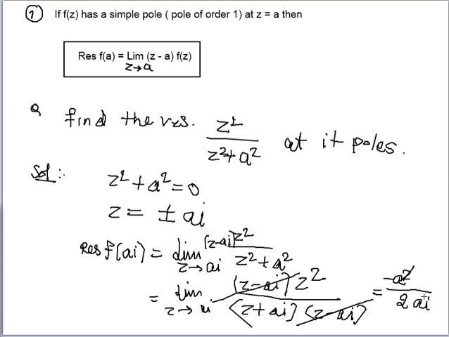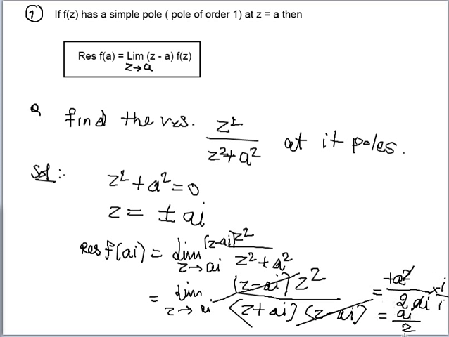We multiply iota in the numerator and denominator. So now it becomes a iota upon 2. Clear? With this iota square being minus and this minus, it becomes plus. So at z equal to a iota, the residue is half of a iota.